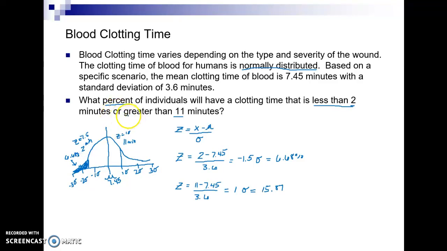And then it says or greater than 11. So greater than 11 is this space up here. All of these are clotting times larger than 11. And because of the symmetry, values below translate to values above, so this is 15.87%.